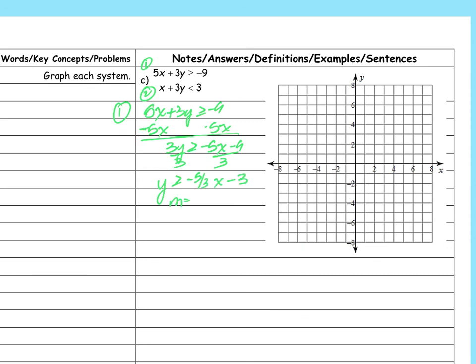So my slope is negative 5/3. My y-intercept is negative 3, and it's a solid line. Okay, so I'm going to start at negative 3. Go down 5, 1, 2, 3, 4, 5, over 1, 2, 3. Again down 5, over 3. Solid line. Good.